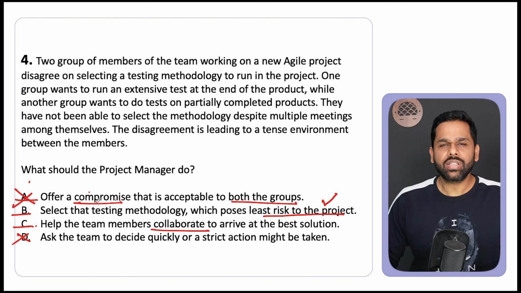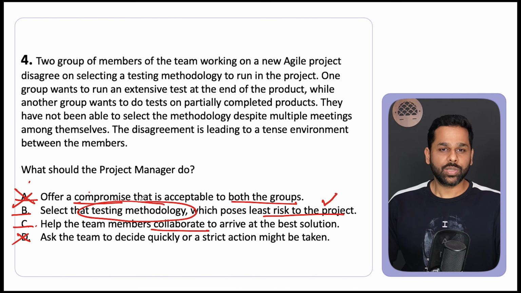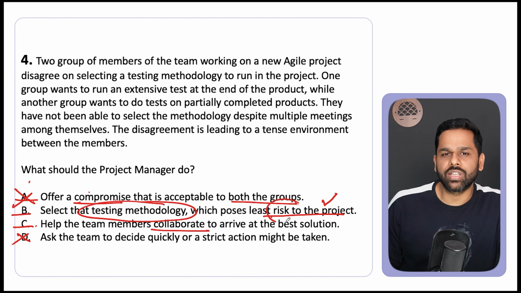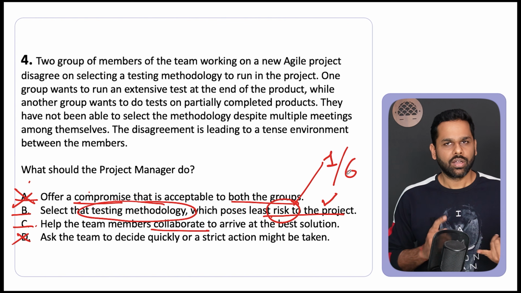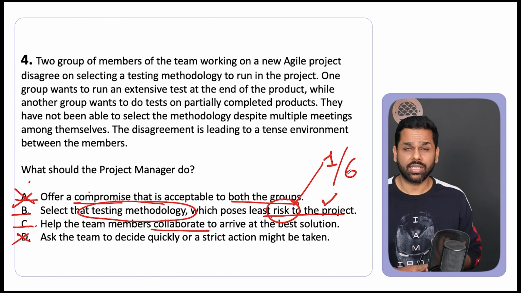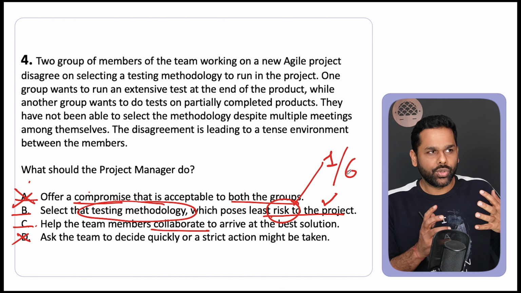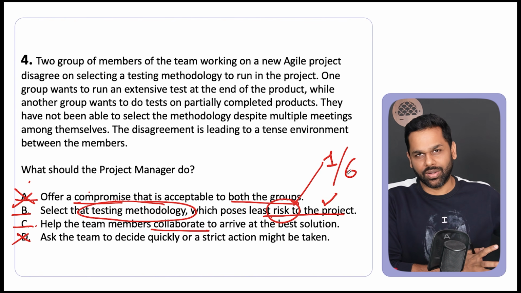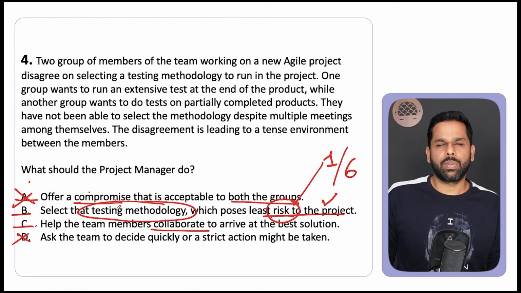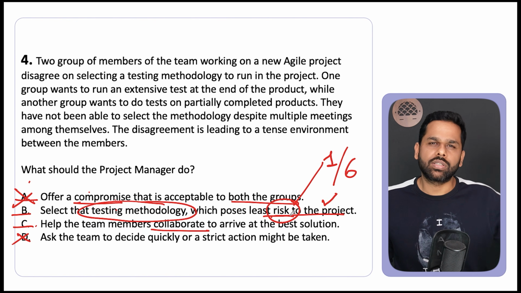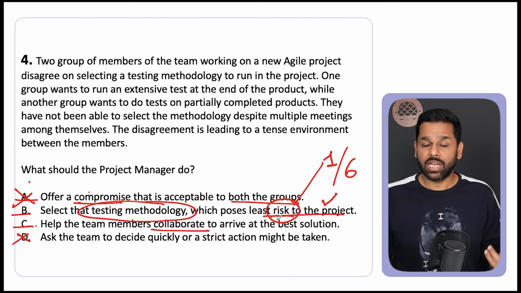When you are saying that I'll decide a testing methodology which poses least risk to the project, you are focusing on only one constraint, and there are 6 major constraints: cost, schedule, resources, scope, quality. So you have to think about other constraints also. You cannot take a decision based on just one constraint. Yes, this testing methodology poses least risk to the project. What if it is very costly? What if it will take a lot of time? Will you select that as a choice?